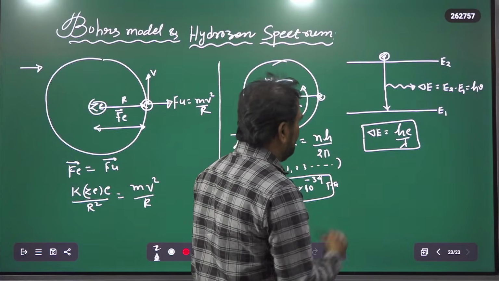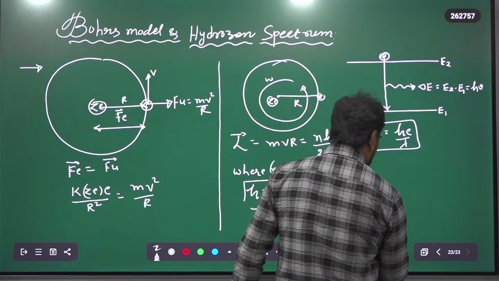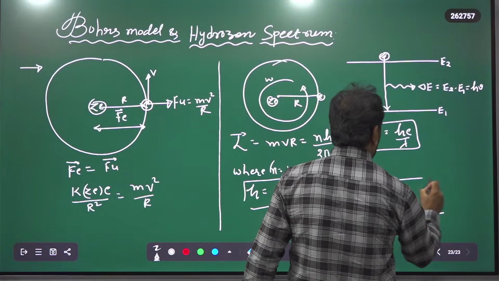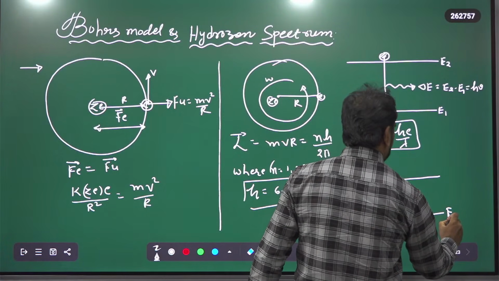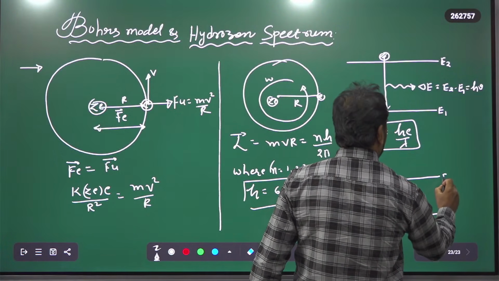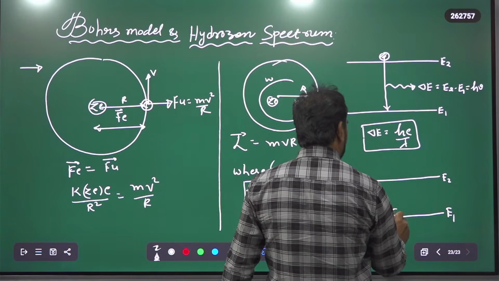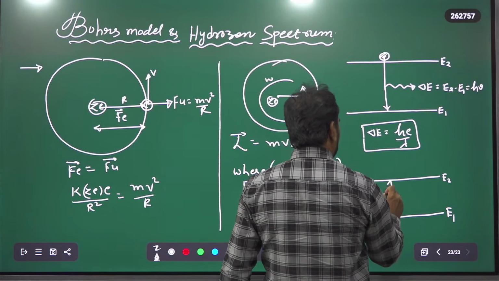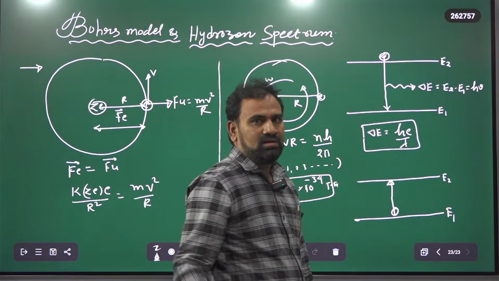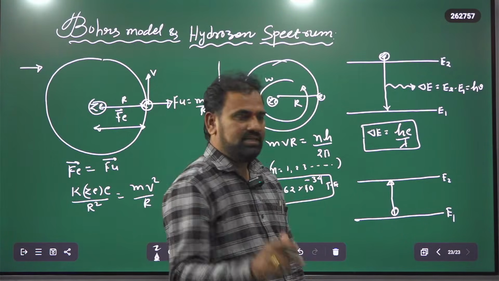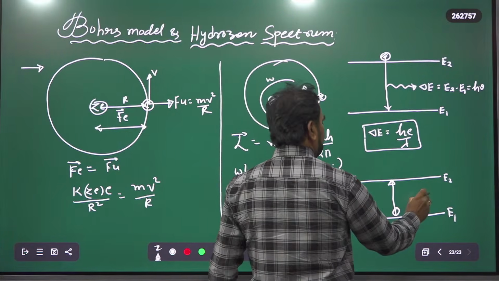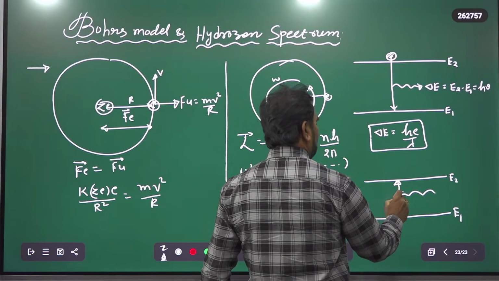Next, in the same case, when an electron makes a transition from the lower energy level E1 to the higher energy level E2, it absorbs energy.